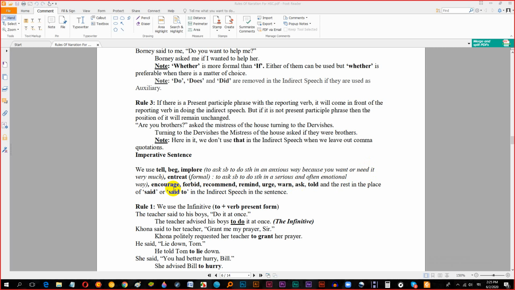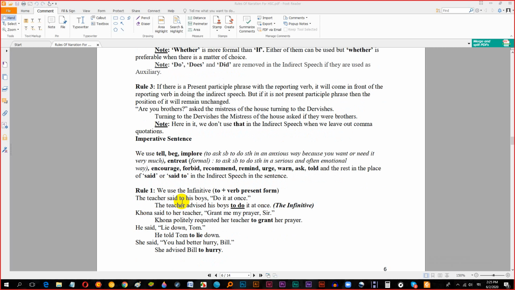Then we use encourage, forbid, recommend, remind, urge, warn, ask, told, and the rest in the place of said and said to in the indirect speech. So in our imperative sentence, when we transform it into indirect, we use these words.